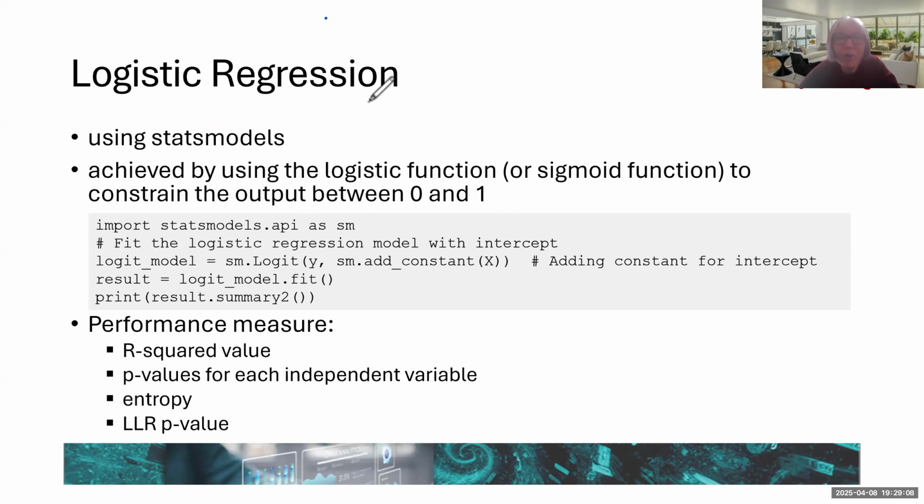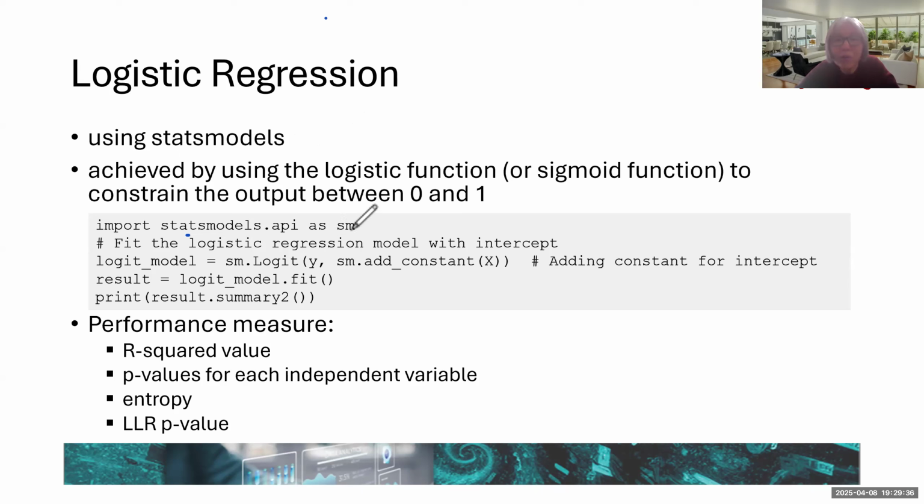So for logistic regression, in this chapter, we introduced two approaches to do it. The first one is to use the statsmodels package. It's also pretty straightforward.